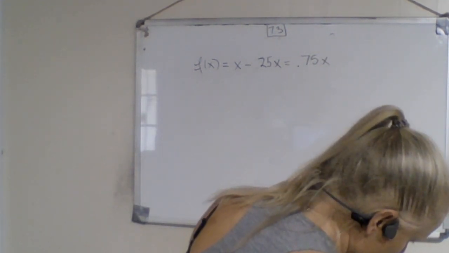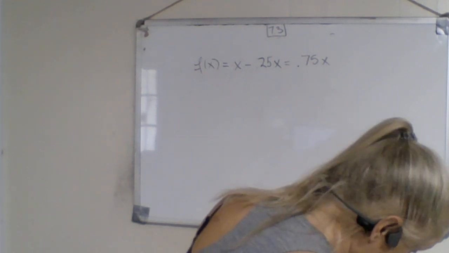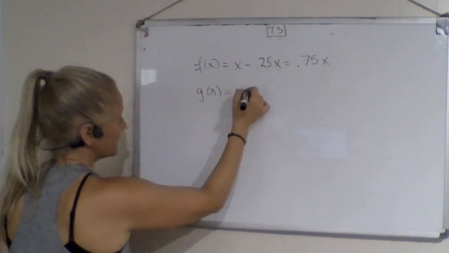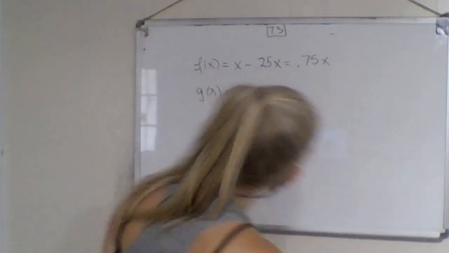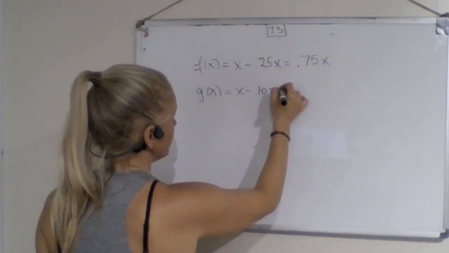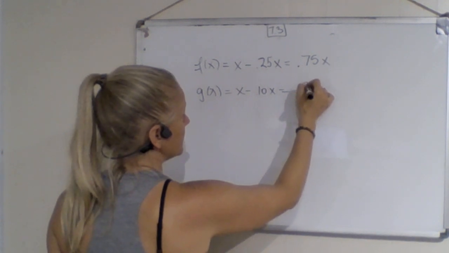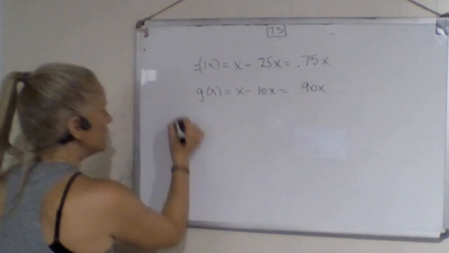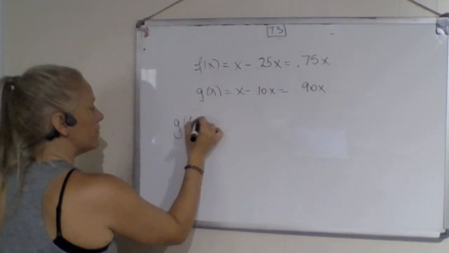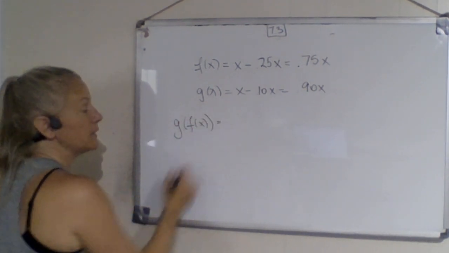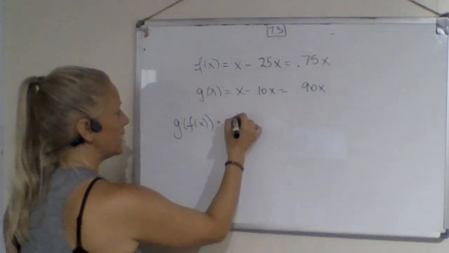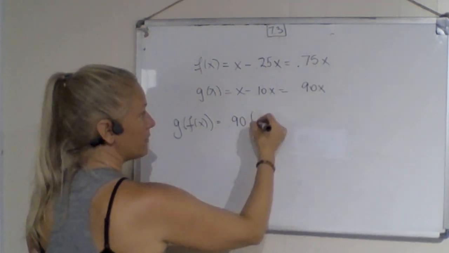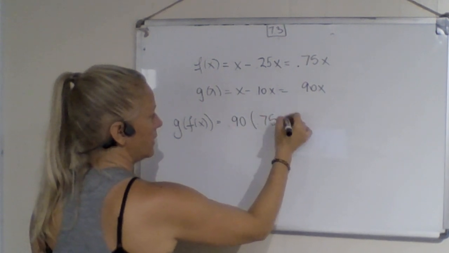But then it says the additional 10% reduction, which you can write as g of x is x minus 0.10x, or 0.90x. Okay, that's your additional percent. What we want to know is g of f of x, because we want to know the final reduction. So this becomes 0.90 times, instead of x, I'm going to write f of x, 0.75x.